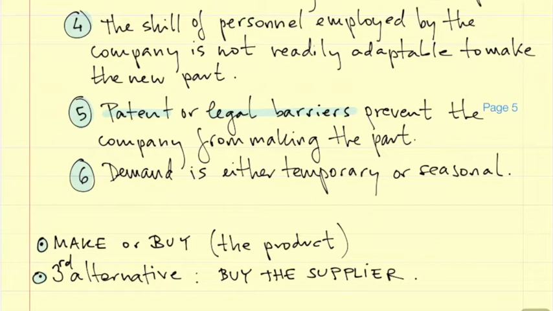So you are going to be avoiding a lot of legal problems down the road if you just buy the supplier. Okay? And this is something that is very, very common. It is sometimes even better to buy the supplier than to just buy the product.